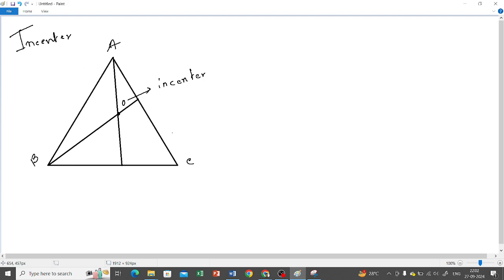So we have this triangle, and these are the two angle bisectors, and they intersect at point O. So this is called incenter. Incenter is the intersection of angle bisectors of a triangle. Also, it is the center of the circle which is inscribed inside the triangle.